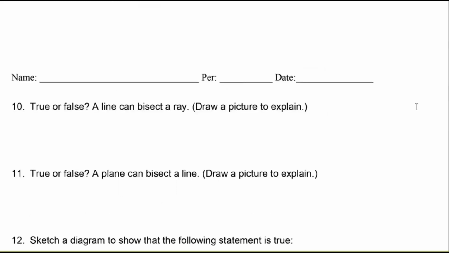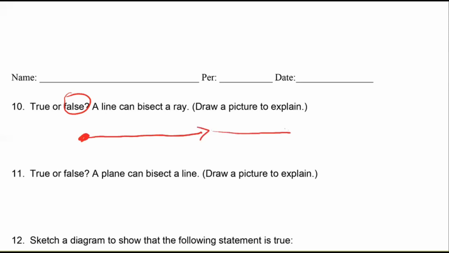All right, so 10: true or false, a line can bisect a ray. I want to say it's false because a ray goes on forever. So I want to put red for false, because it's saying a line can bisect a ray. So this is a ray, right? What is the definition of a ray?